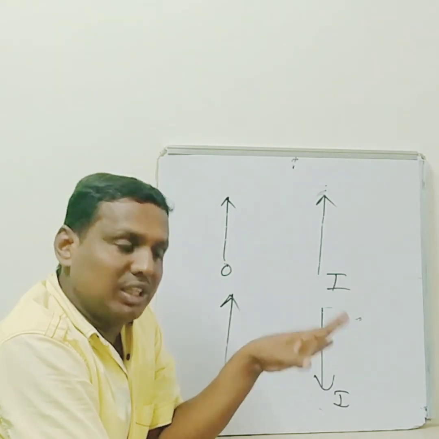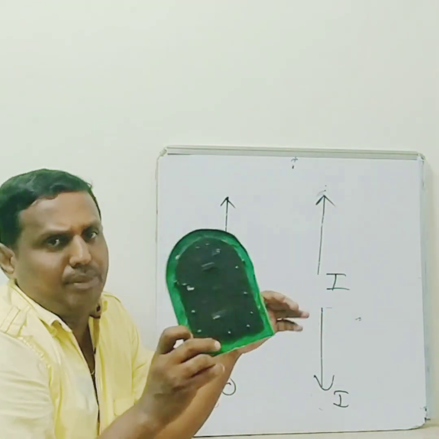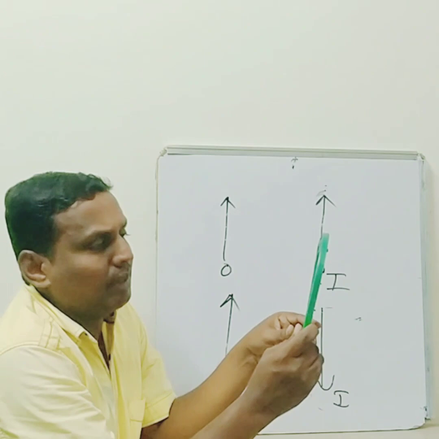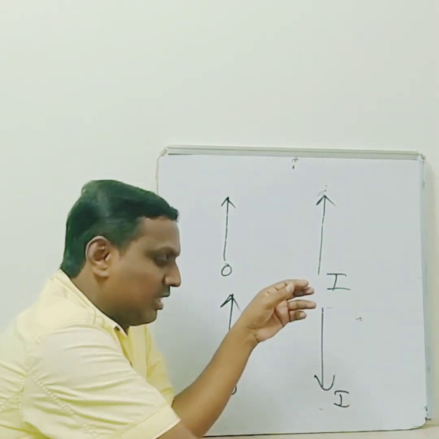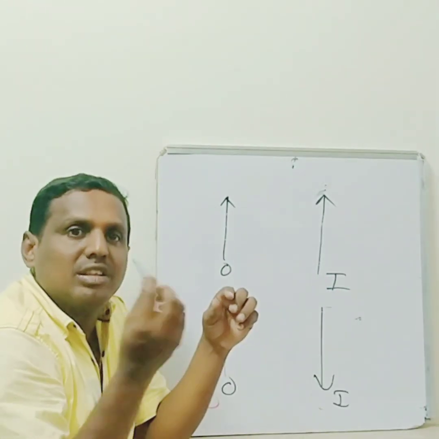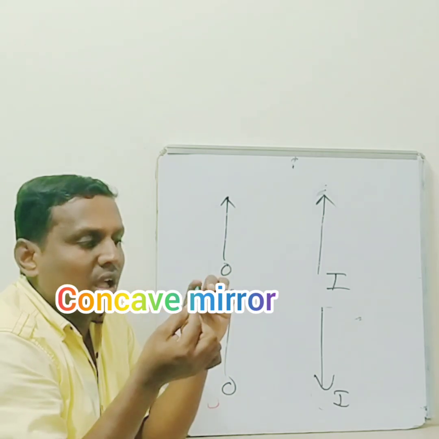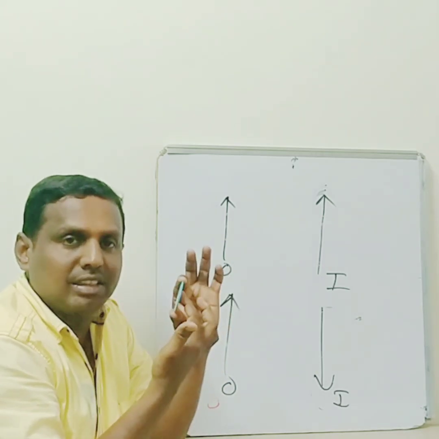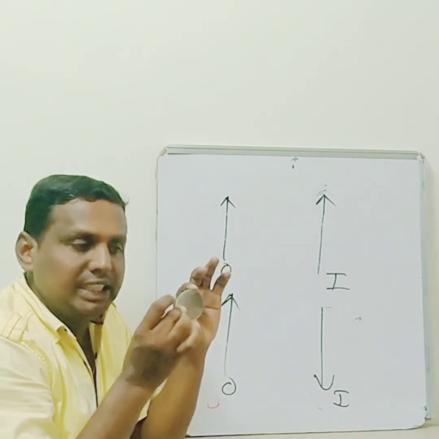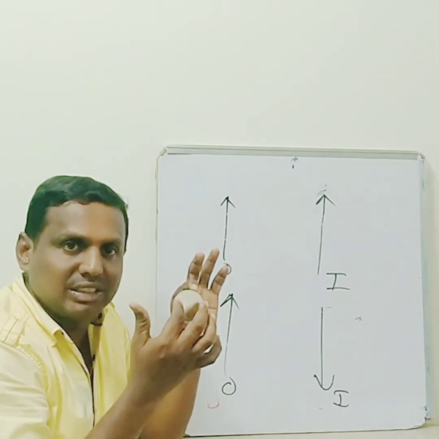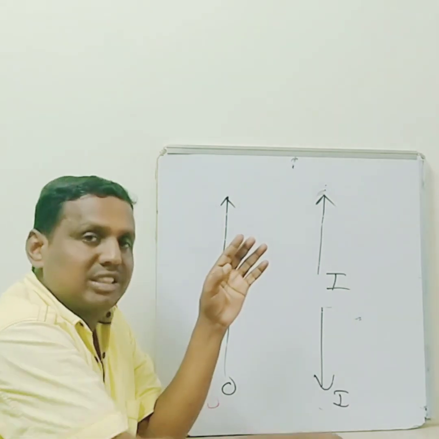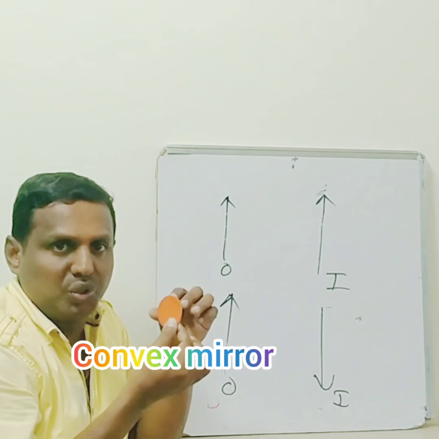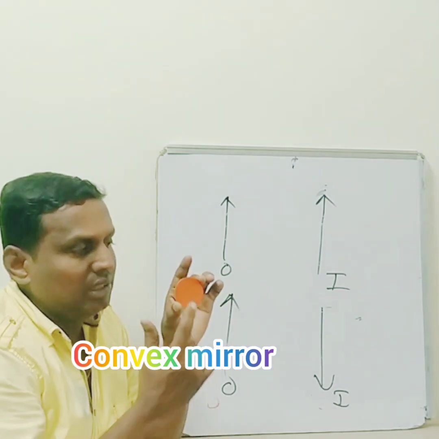Real image, virtual image. This is well known to you, the plane mirror. We can see our face in a plane mirror every day. Already I showed you this is a concave mirror: outer side, inner side. The outer side is silvered. The inner side acts as a reflective surface. Clear. This is a convex mirror, well known to you. Already I showed previously.